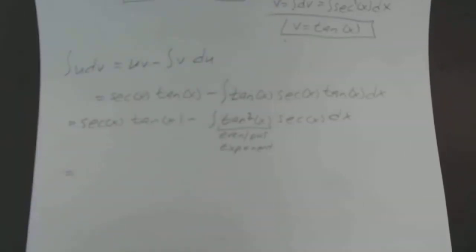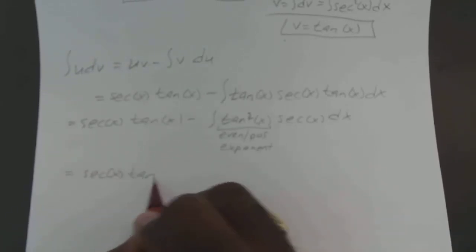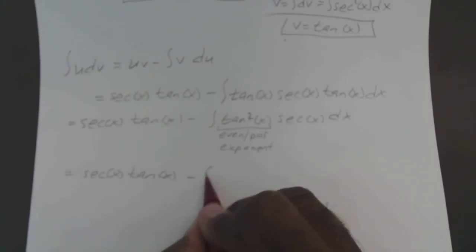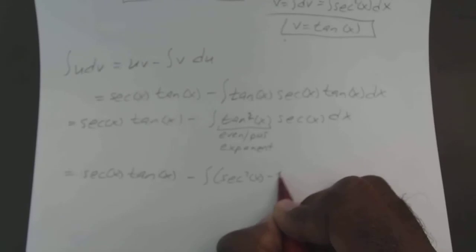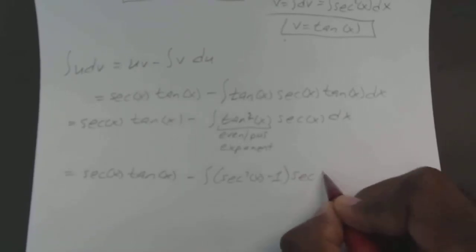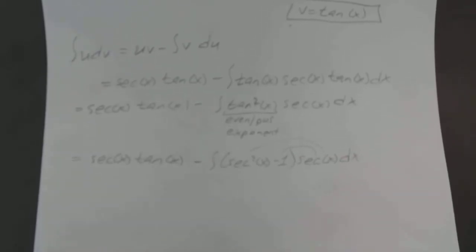Secant x tangent x minus the integral secant squared x minus 1 times secant x dx. Okay, now we just go ahead and distribute that secant x.